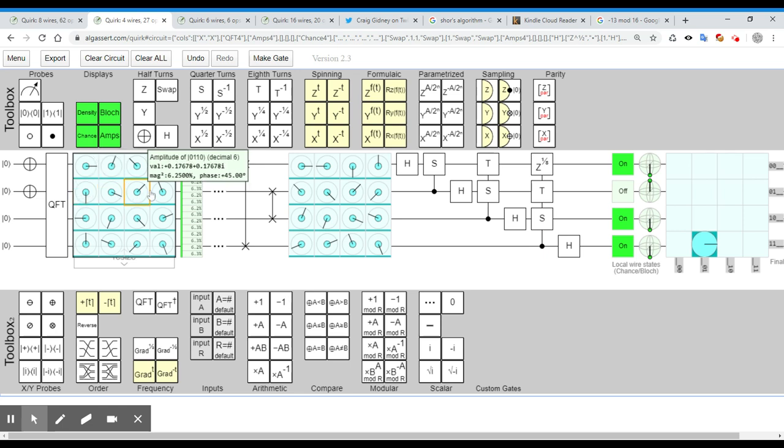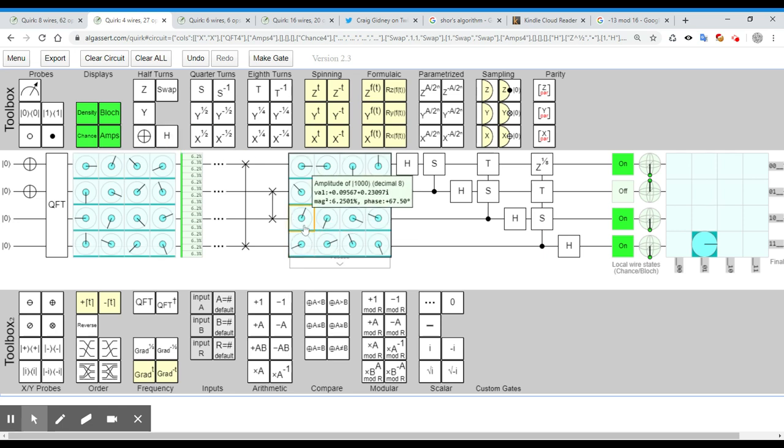Okay, I see. Wait a second. So the entire row is affected, of course. The only ones that are not affected are the ones where the swapping doesn't take any effect. But the rest, that becomes the 1000, so that becomes this one here.